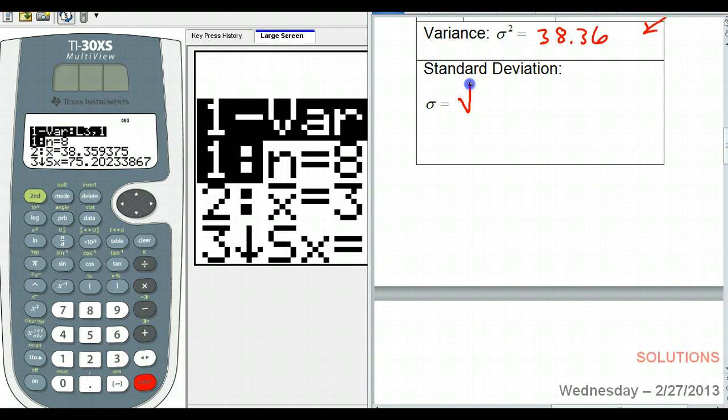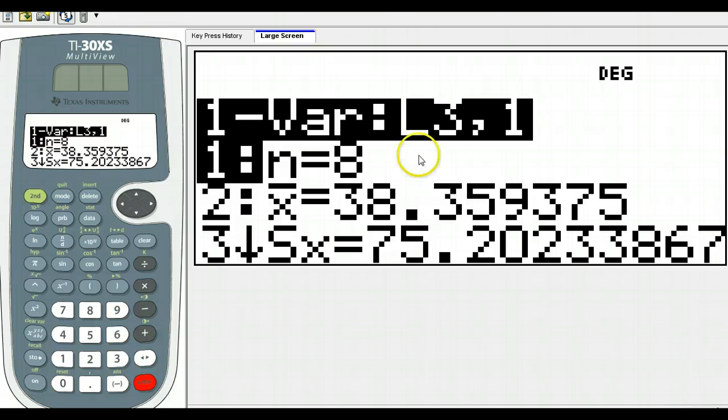So that's going to be the square root of 38.36. Now again, this is a rounded number, so it will be better if we use all the decimals. So instead of using 38.36, we really want to use 38.359375.